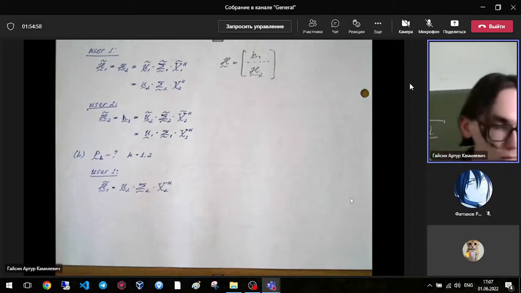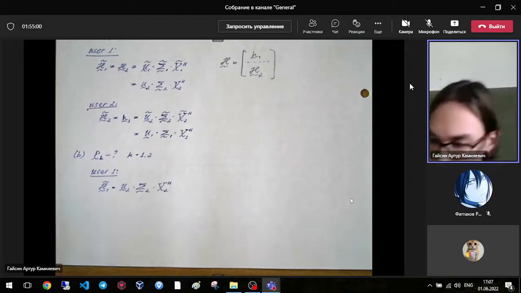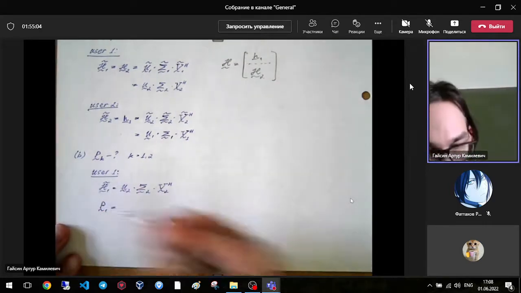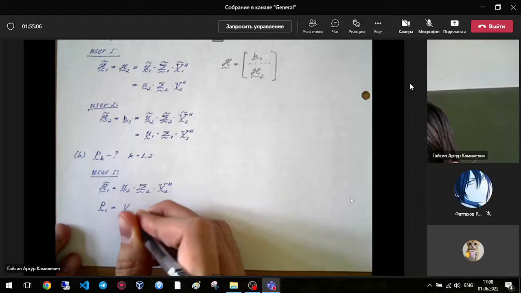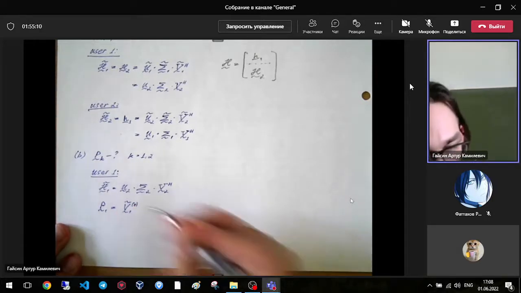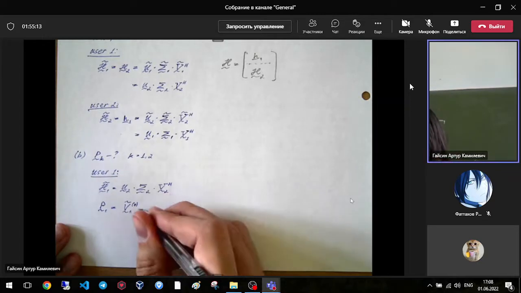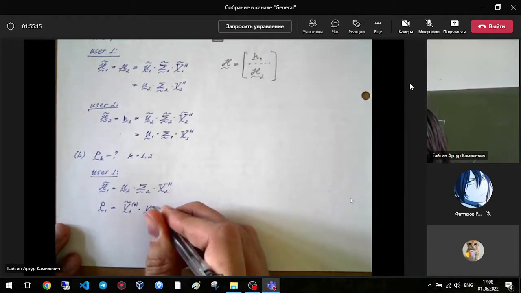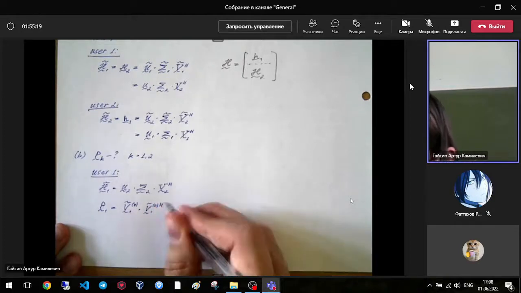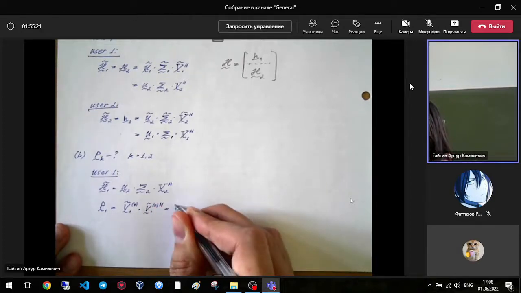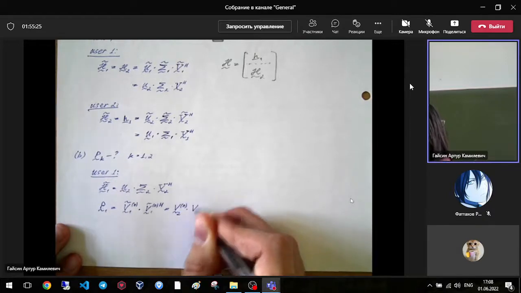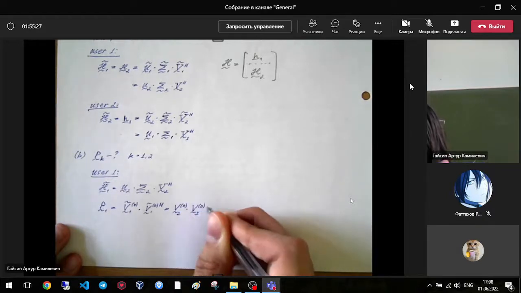So this P1 is equal to V1 with tilde, the null space, times V1 with tilde null space Hermitian. But of course, we can write it as V2 null space times V2 null space Hermitian.